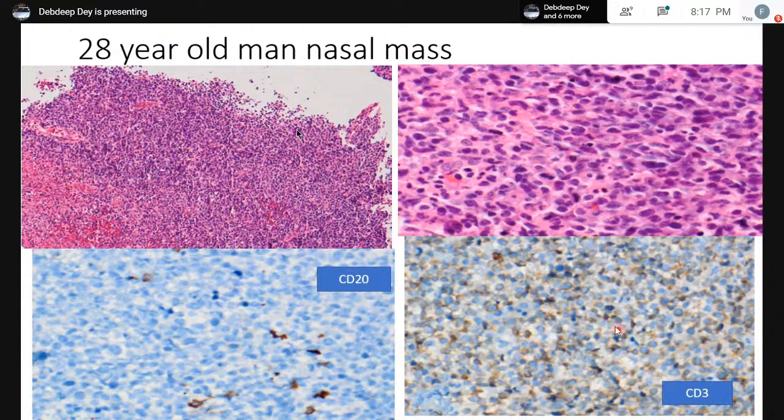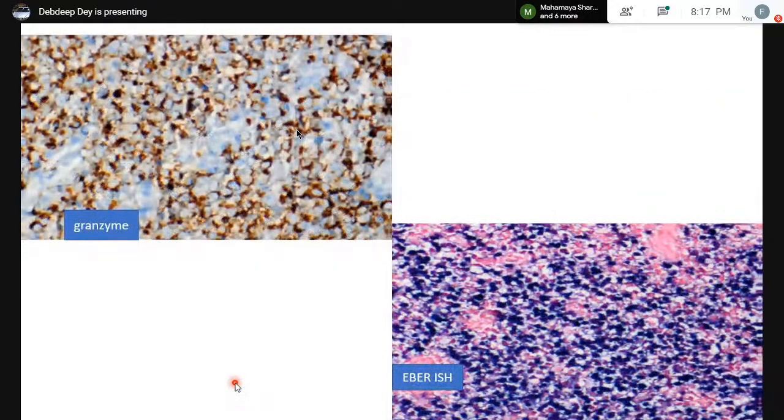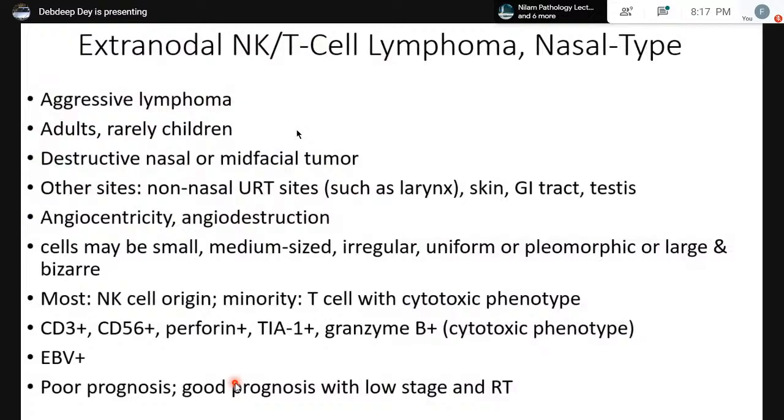It is CD3 positive, it is CD20 negative. Granzyme is positive, and so is EBER-ISH. So it's an extranodal NK/T-cell lymphoma, nasal type. It's a very aggressive lymphoma. Adults are mainly affected, and rarely children may also be affected.